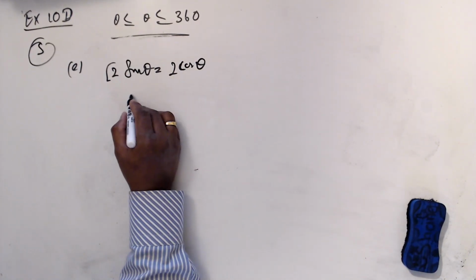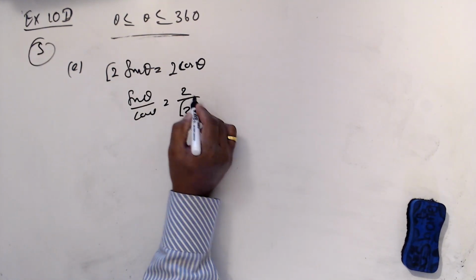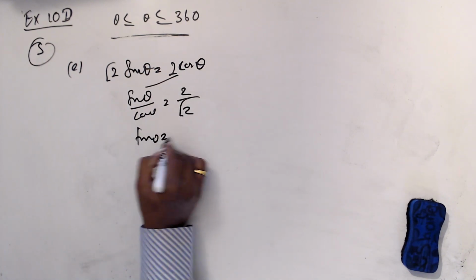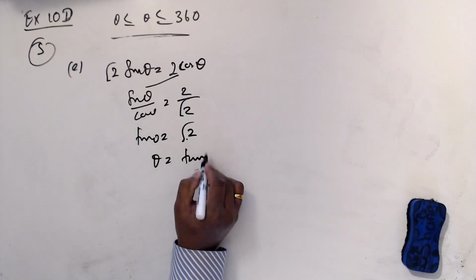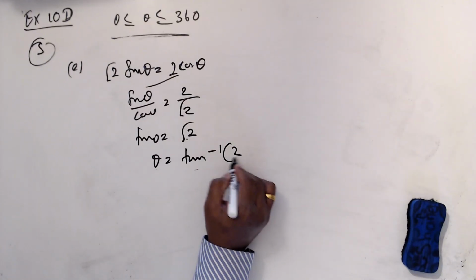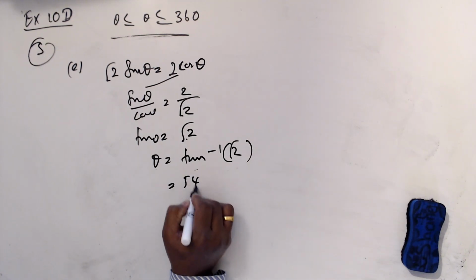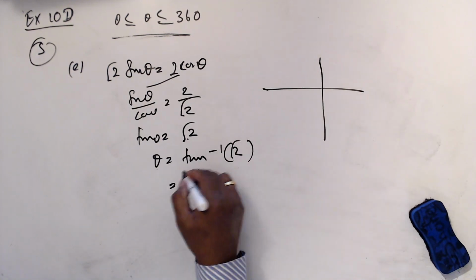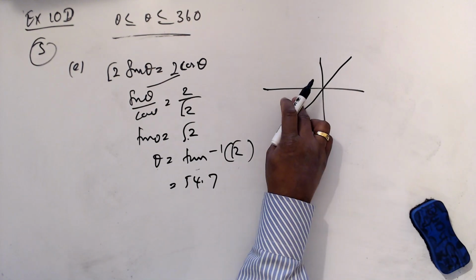And this is going to be sin theta over cos theta equal square root 2. And this is tan theta equal square root 2. Theta equal tan inverse square root 2. So this is 54.7 and tan is positive on first and third.